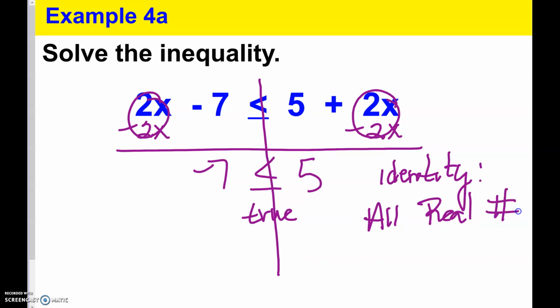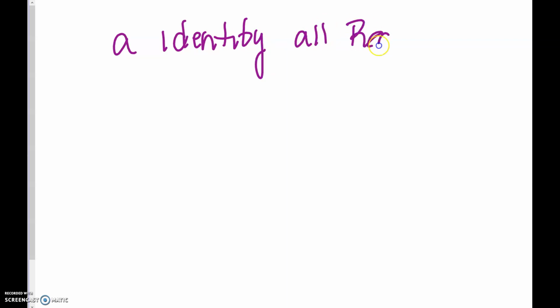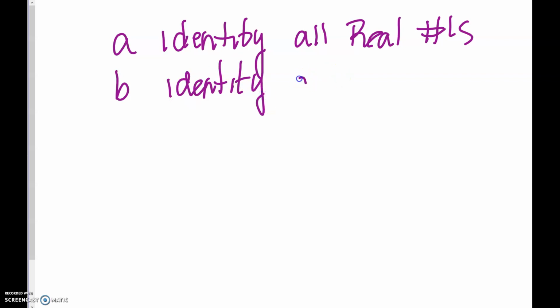All real numbers. So on your homework assignment, we had to make a multiple choice, and there's an A, B, C, D answer. In A, they have this word identity, and then they put all real numbers. Okay, part B, they said identity, but what they did here is they said all integers.